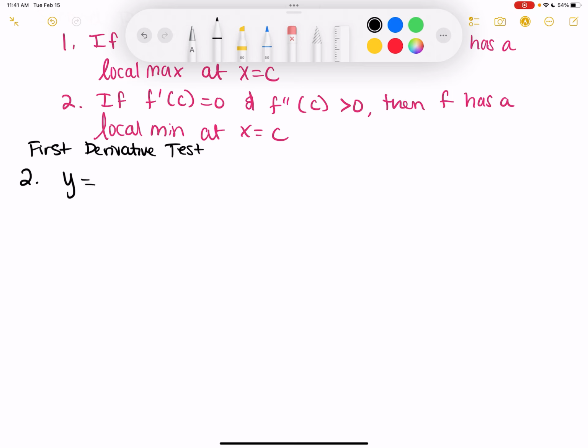So number 2, y equals negative 2x cubed plus 6x squared minus 3. So we're going to take the derivative, set it equal to 0, and find our zeros of that first. So what is the derivative of this?